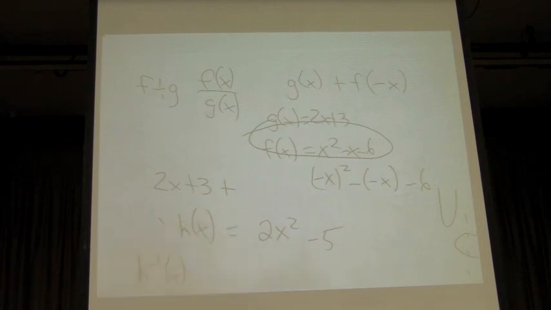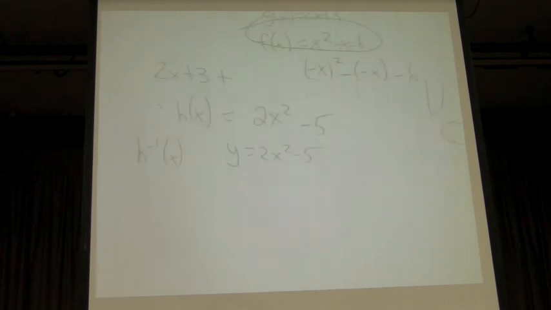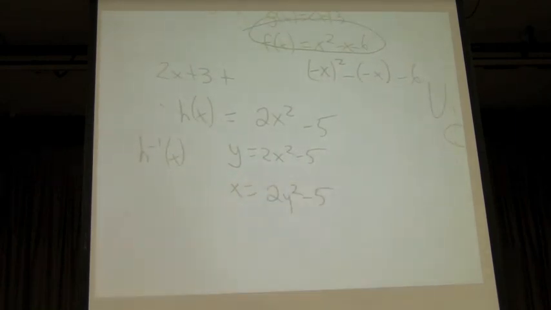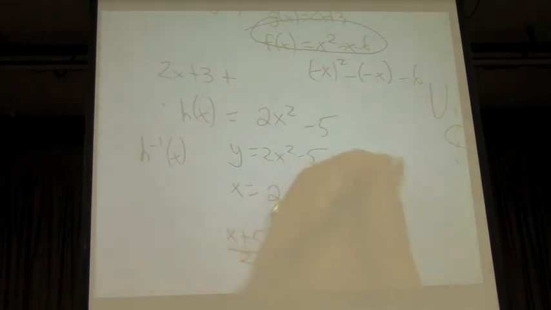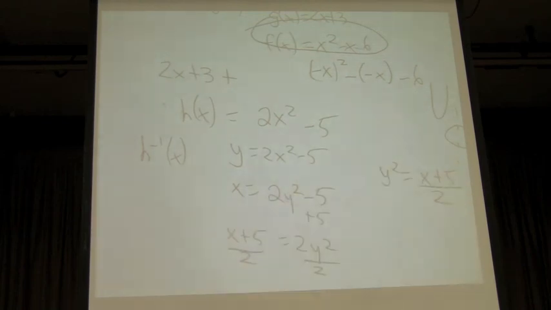If h of x equals 2x squared minus 5, you'd say y equals 2x squared minus 5. x and y would switch places. x equals 2y squared minus 5. And you'd solve for y the same way. You'd add 5. x plus 5 equals 2y squared. You divide by 2. Now you have y squared equals x plus 5 over 2.